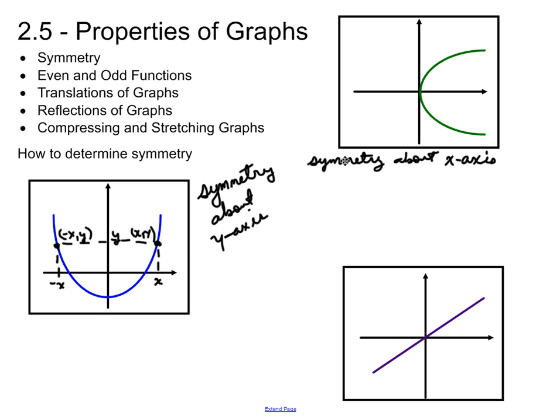The thing about symmetry about the x-axis is that it's similar to symmetry about the y-axis, except that for any given value of x, this time we get two values of y. So x could give us positive y as a value, or x could give us negative y as a value.